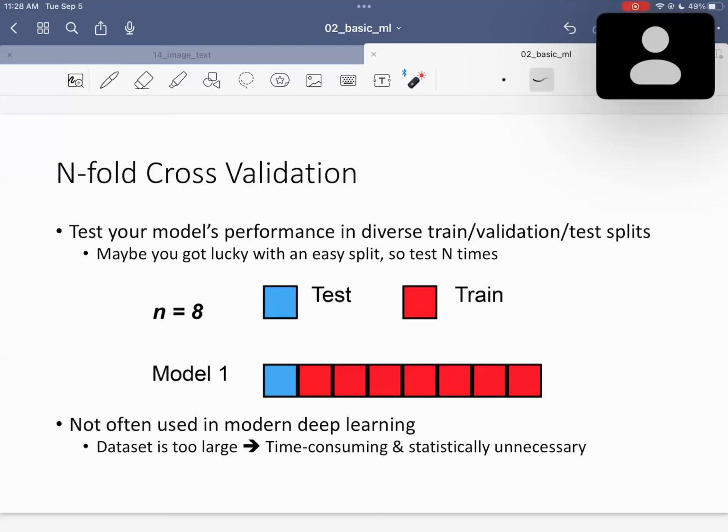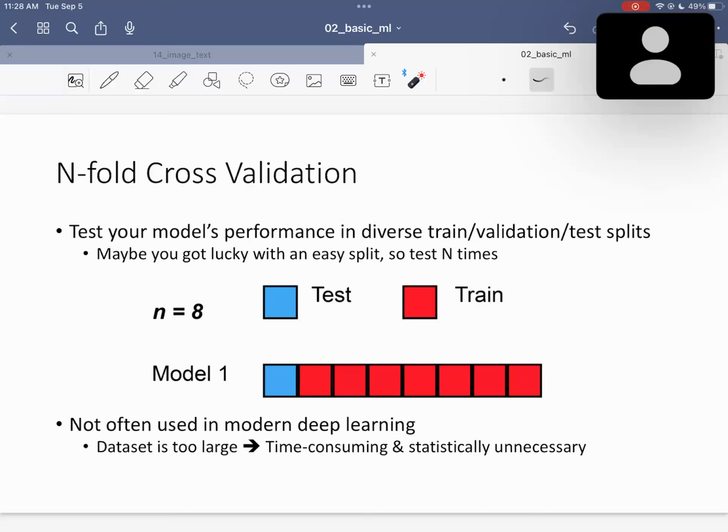So that gives you better statistical stability to evaluate your model. Because, for example, if you use only 1-fold cross-validation and only use this for testing your model, maybe this test set was so easy. You got lucky, and all the samples within this test set were so easy that your model got a really good test score, like 99% accuracy, which is just lucky.